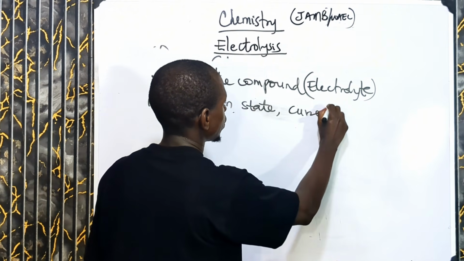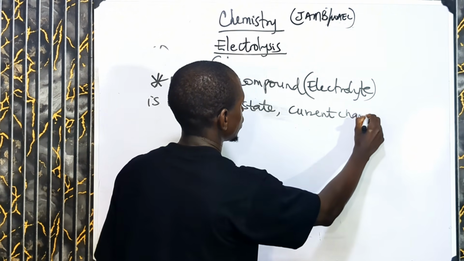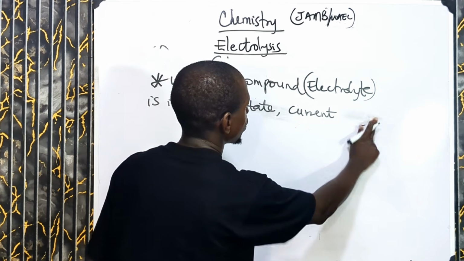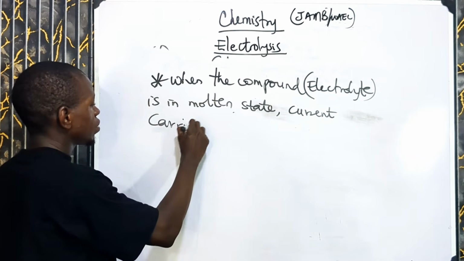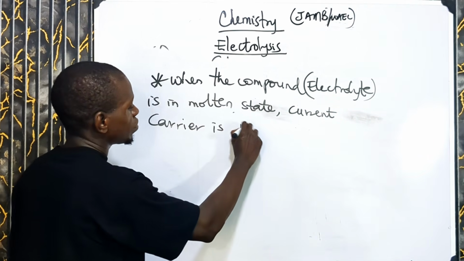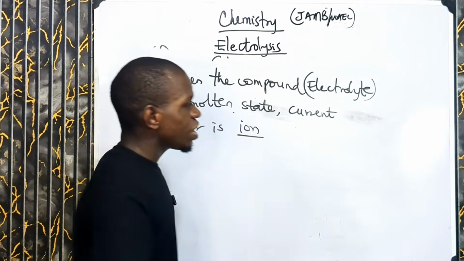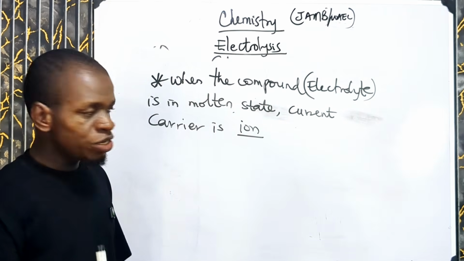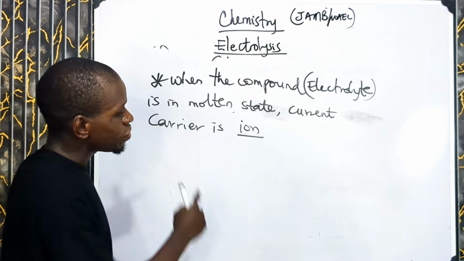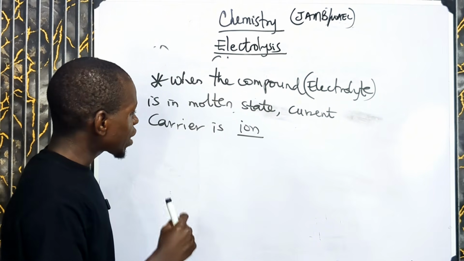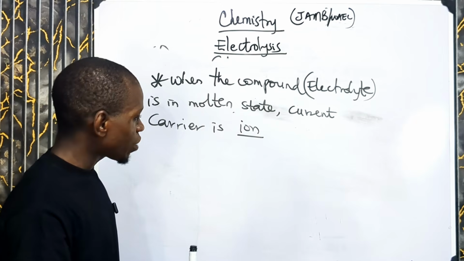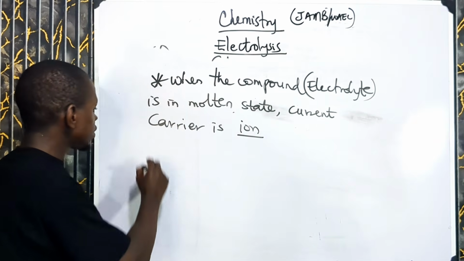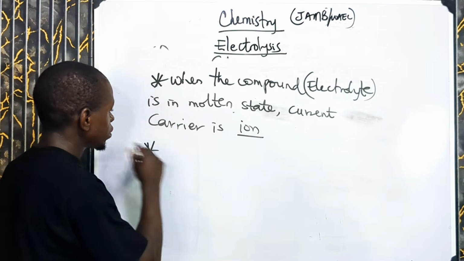Current carrier is ion. So whenever this compound is in molten state, the current carrier will be ion. It's called ion. But please take note of this, it's very important.